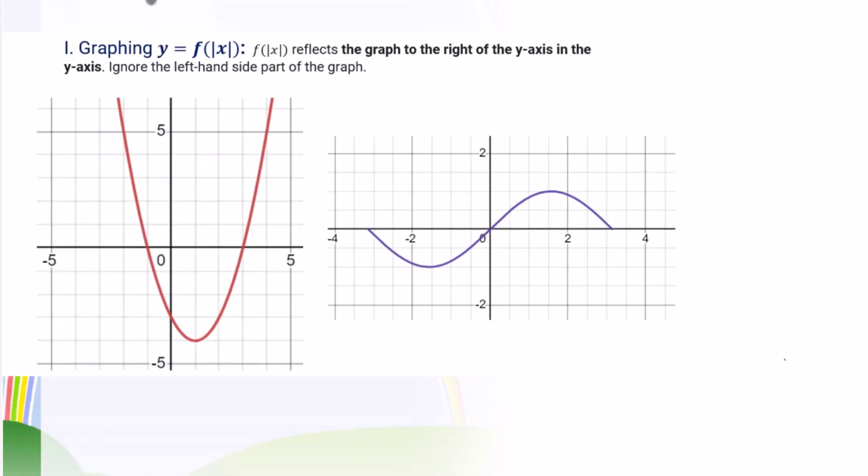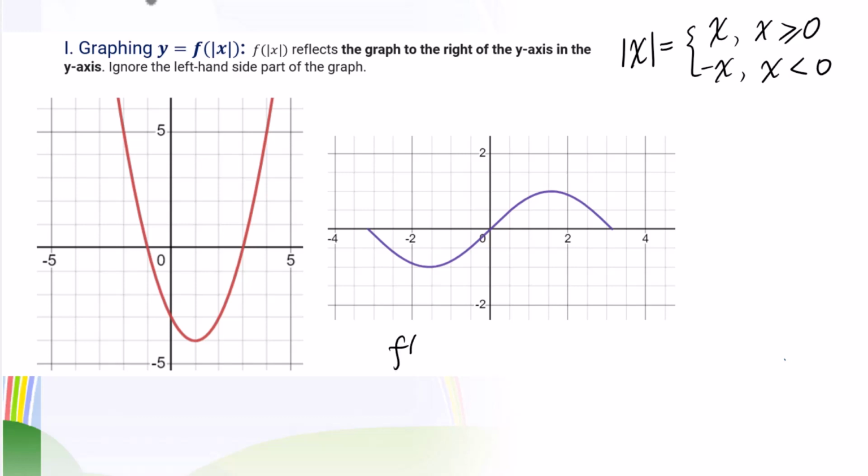Graphing y equals f of absolute value of x. We do know absolute value of x equals x when x is greater than or equal to 0, and negative x when x is less than 0.